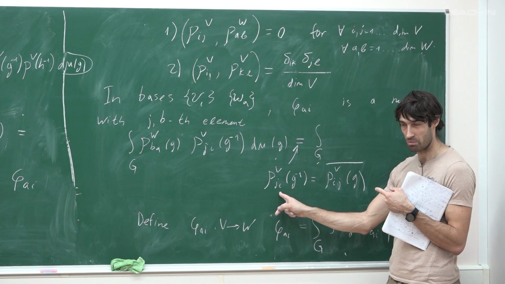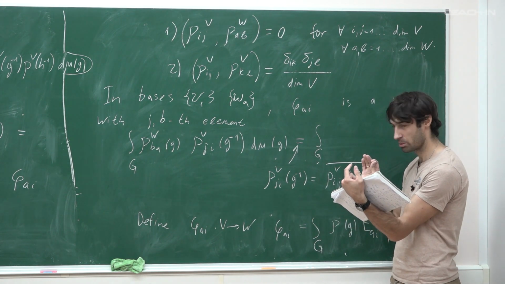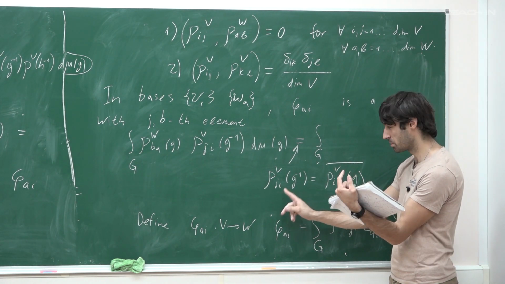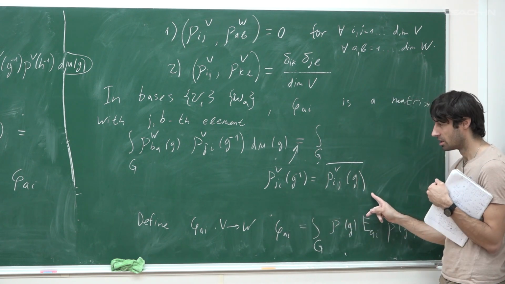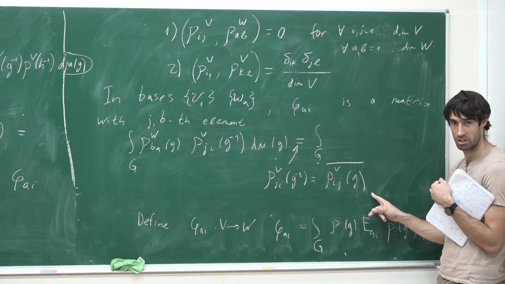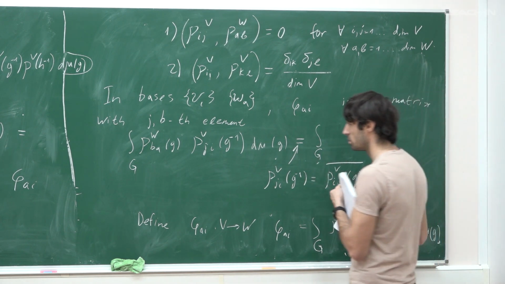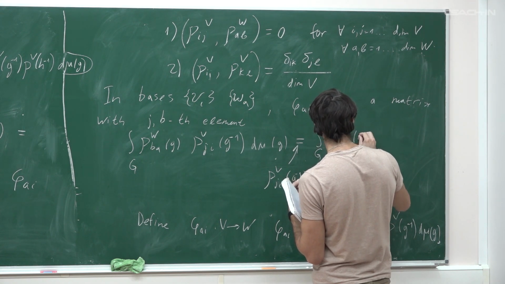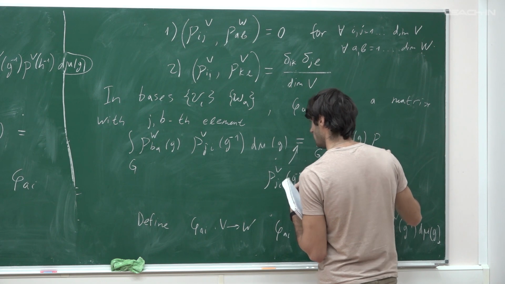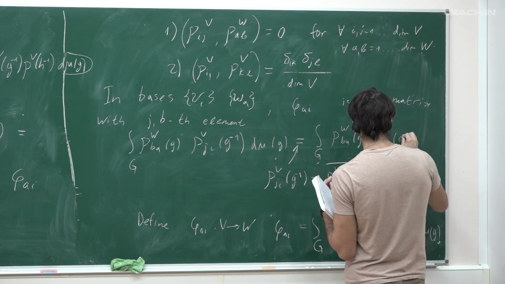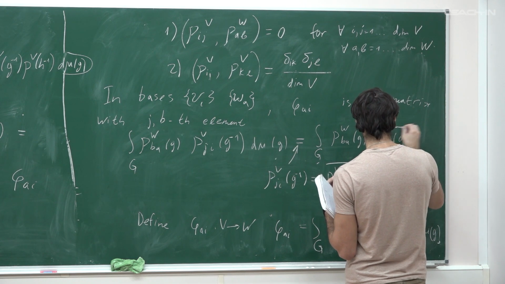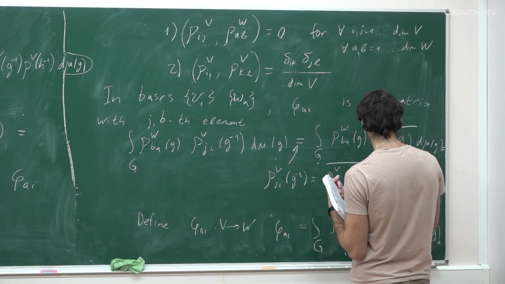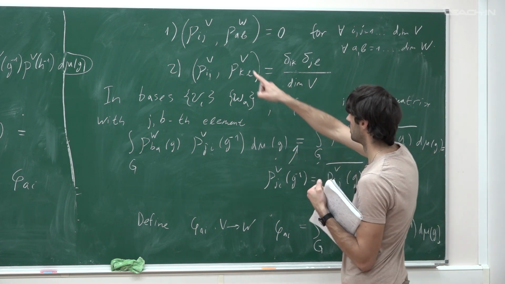By definition, my inner product is invariant with respect to the action of rho of G. So this matrix should be unitary, and this is just a condition for this matrix to be unitary. And I am using it here, so I get the integral of rho_{ba}^W(g) times rho_{ij}^V(g) conjugated d mu(g). But this is just what we need.